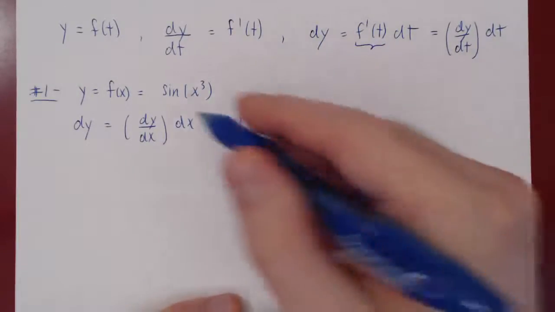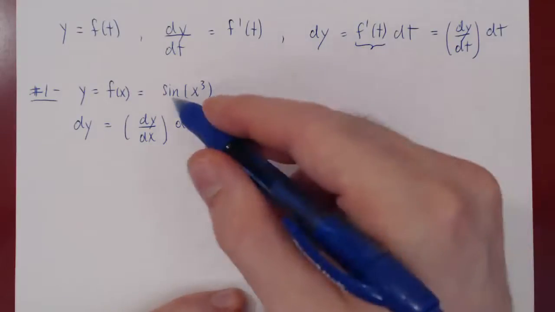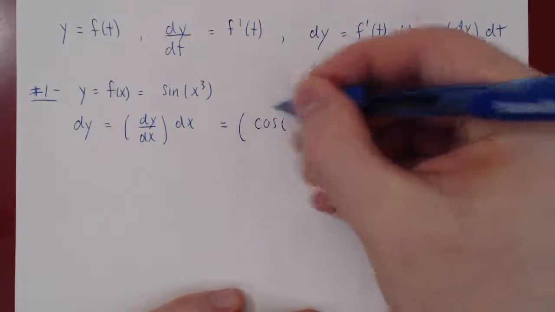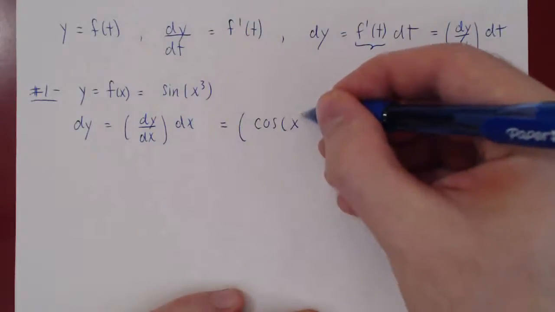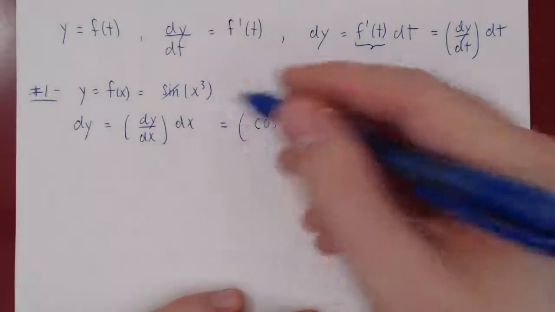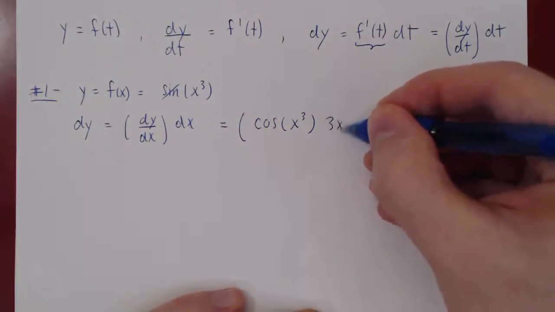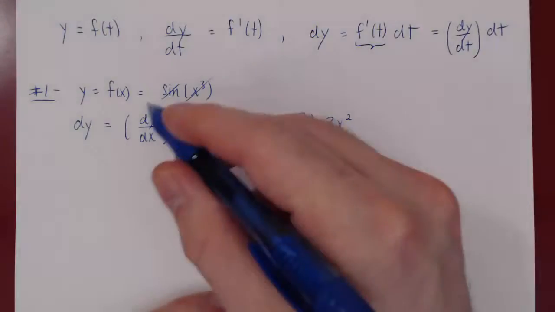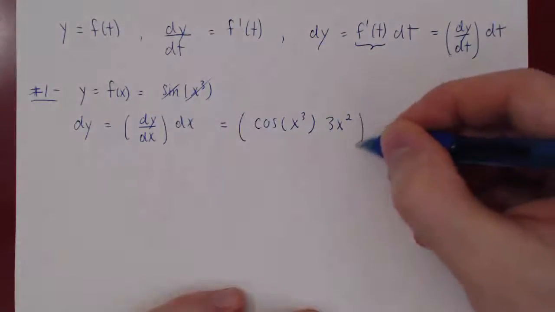So we just differentiate. We have sine of x cubed, we have a composition. The derivative of sine is cosine of x cubed. Chain rule times the derivative of x cubed, which is 3x squared. This takes care of the derivative of y, dy over dx, times dx.